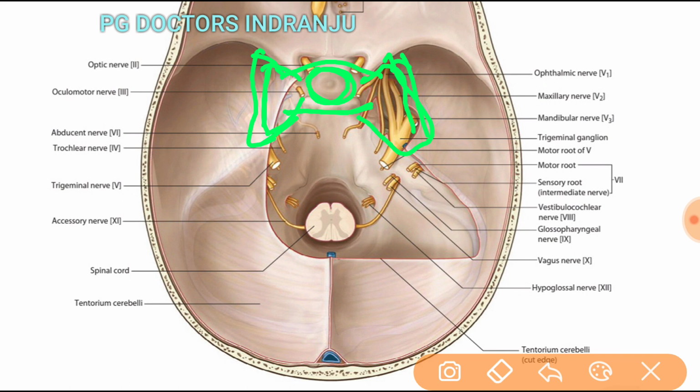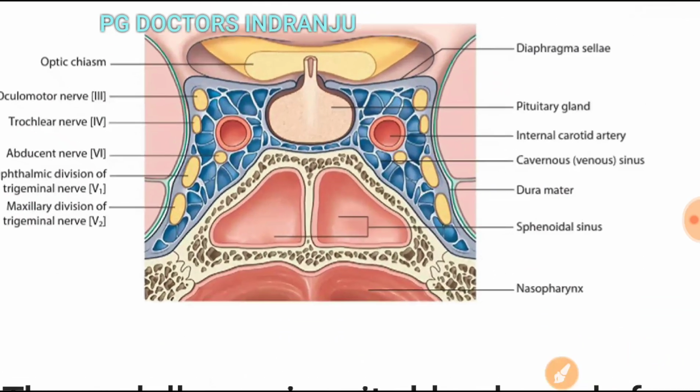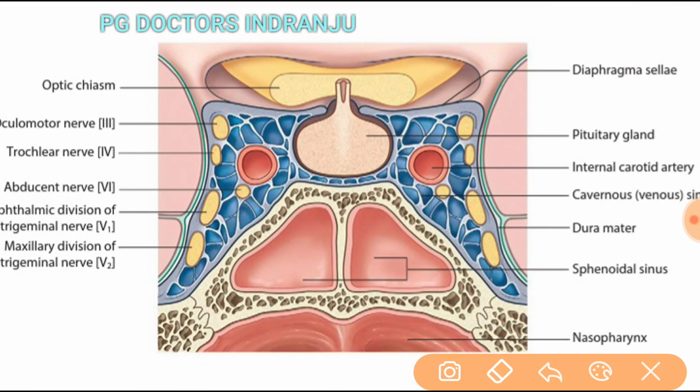In that arises the internal carotid artery. The next image shows this is the cavernous sinus part and this is the sella turcica, in which the pituitary gland is situated, and on both sides are the arrangement of the nerves.